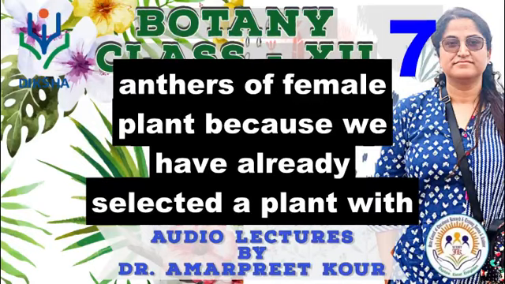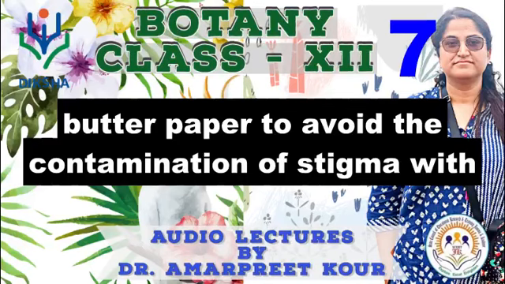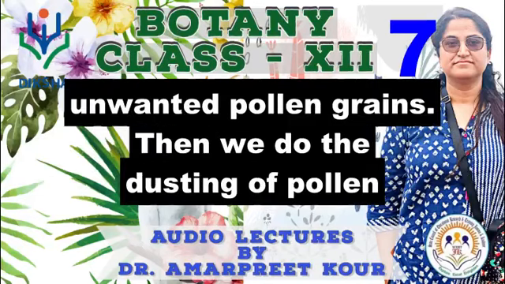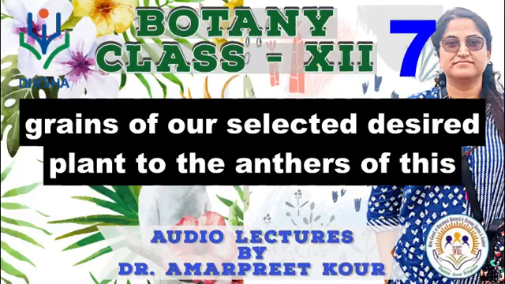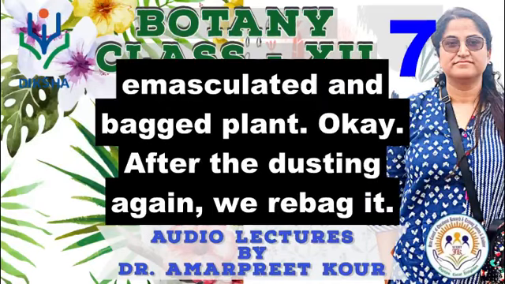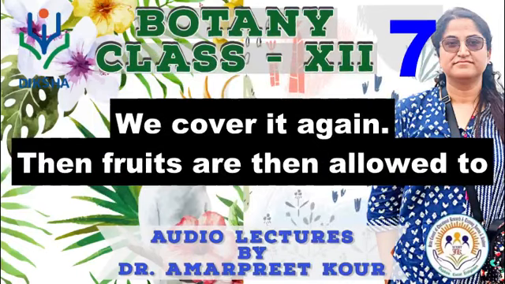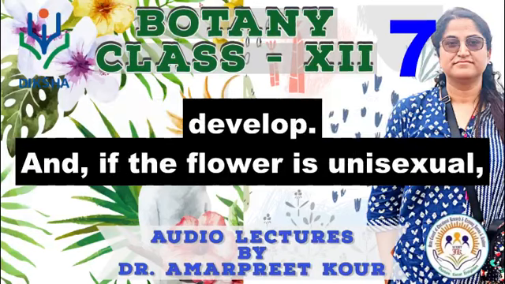We cover the emasculated flowers with a bag of suitable size, or you can also wrap them with butter paper to avoid contamination of the stigma with unwanted pollen grains. Then we dust the pollen grains of our selected desired plant onto the stigma of this emasculated and bagged plant. After the dusting, we rebag it, covering it again. Then the fruits are allowed to develop.